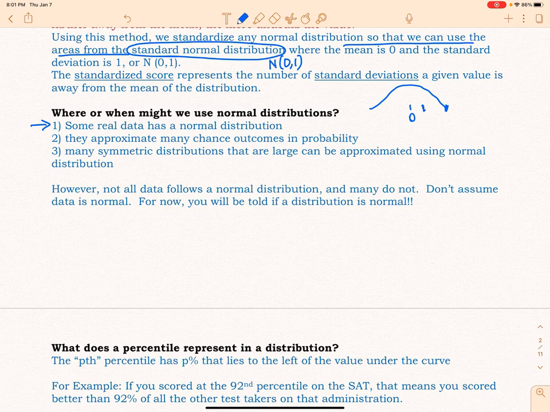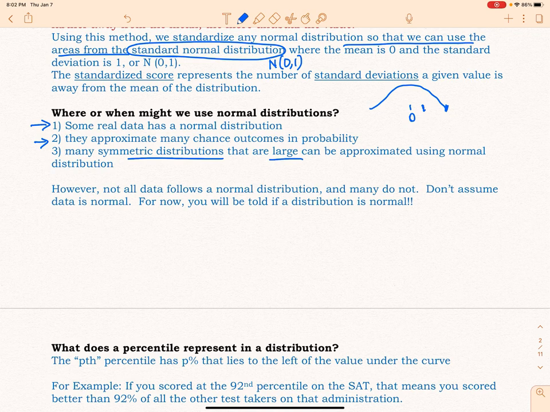Sometimes we can approximate many chance outcomes in probability, so we use the normal distribution for that. And we have a lot of symmetric distributions that happen to be very large, and they can be approximated using the normal distribution. Again, we're going to talk more about those types of distributions later on.